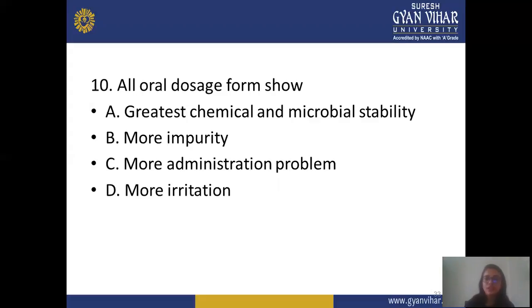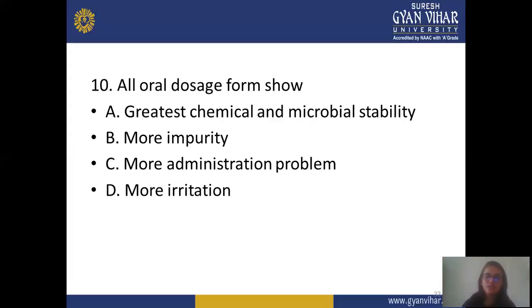The option is greatest chemical and microbiological stability, meaning good chemical as well as microbiological stability, not containing foreign particles or bacteria. Another option says more impurity. C option is more administration problems; the oral route shows more administration problems. And D is more irritation, meaning when you take a drug by the oral route, you show more irritation.